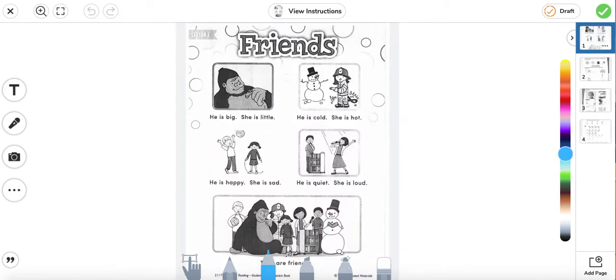Next, we're going to move on to our reading packet. We're going to do 3 pages today. Friends. He is big. She is little. He is cold. She is hot.